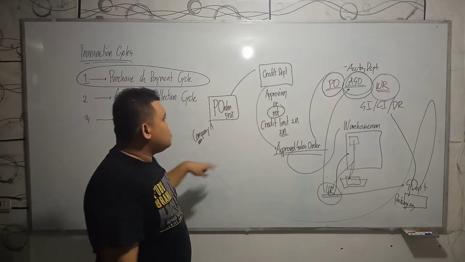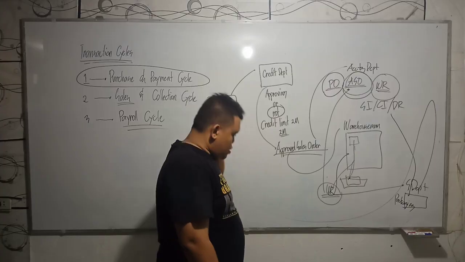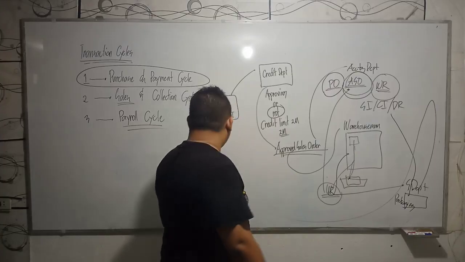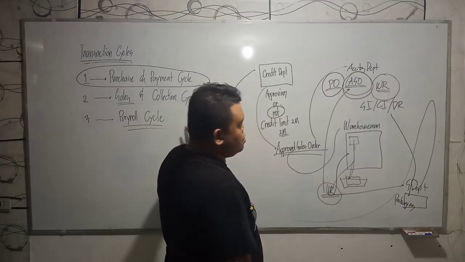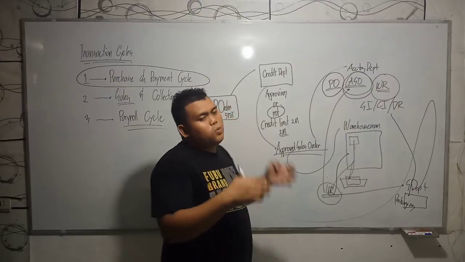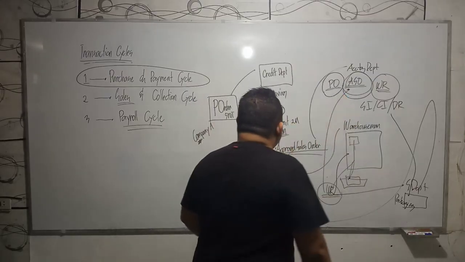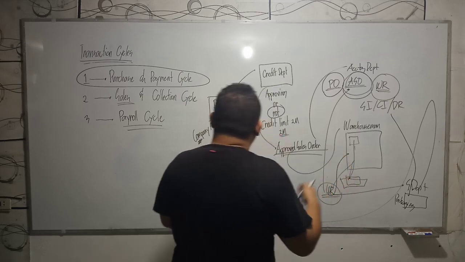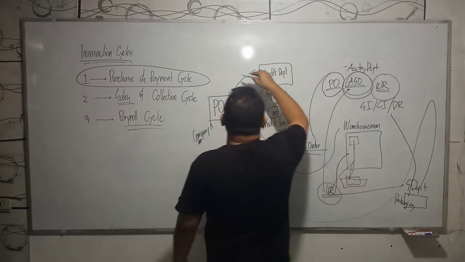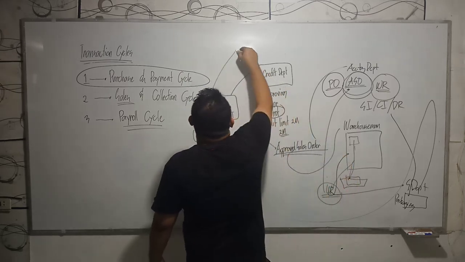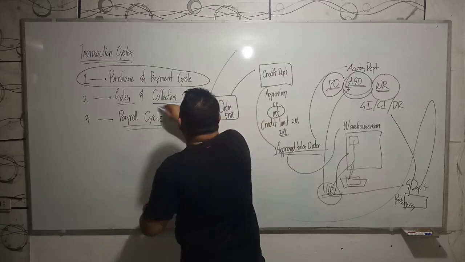Okay? Now, let's go to the point of view again of the seller. So it will be sent. After sending that, we will wait for the payment. For example, if the payment is by way of check from company A, we're now on the collection cycle.